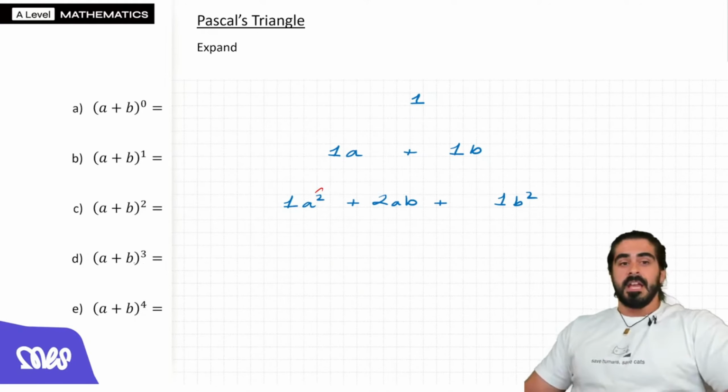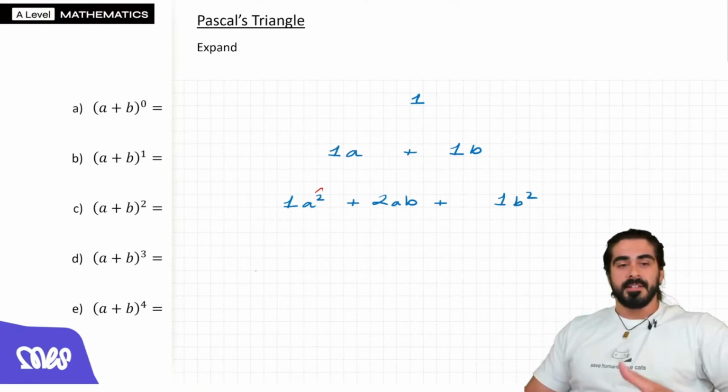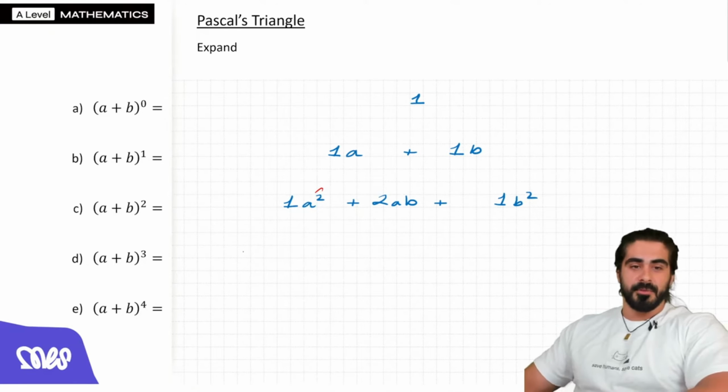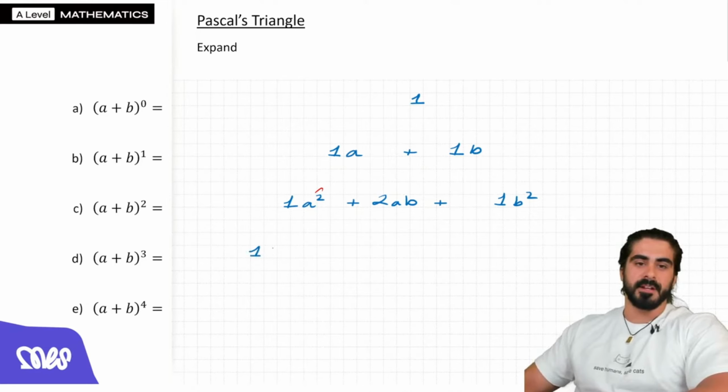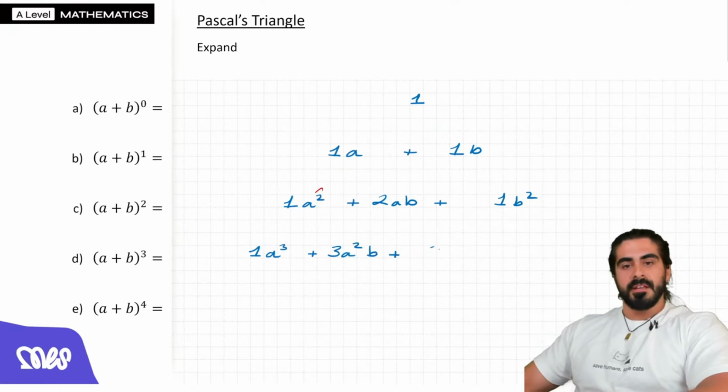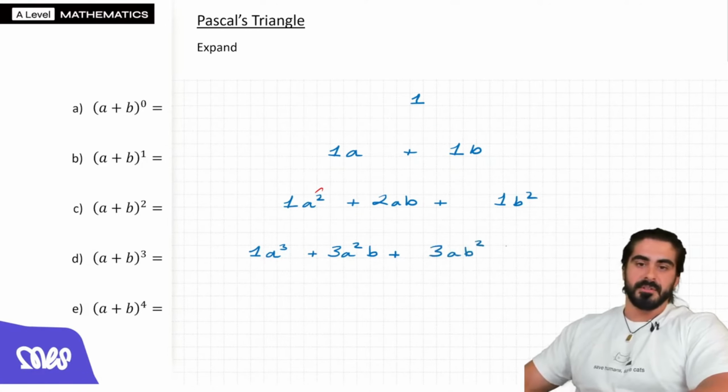If you were to write out 3 brackets and expand a plus b cubed, you'll get 1a cubed plus 3a squared b plus 3ab squared plus 1b cubed.